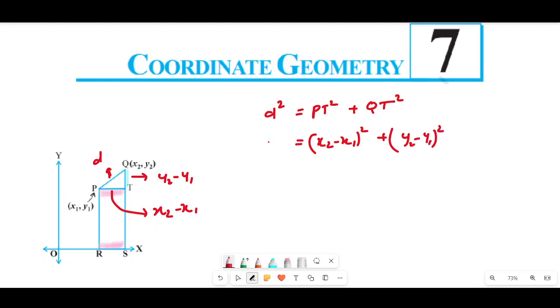With the help of the Pythagorean rule, we are able to find out the distance between 2 points.